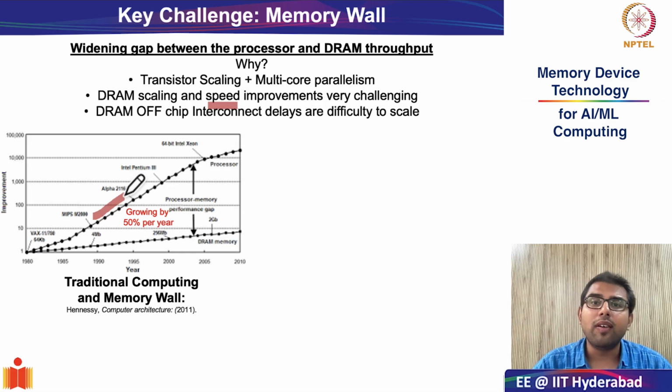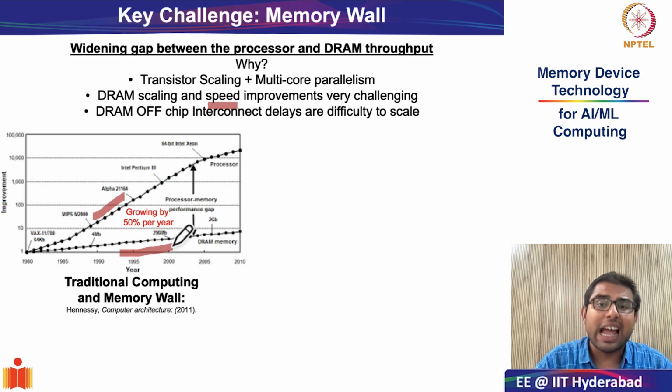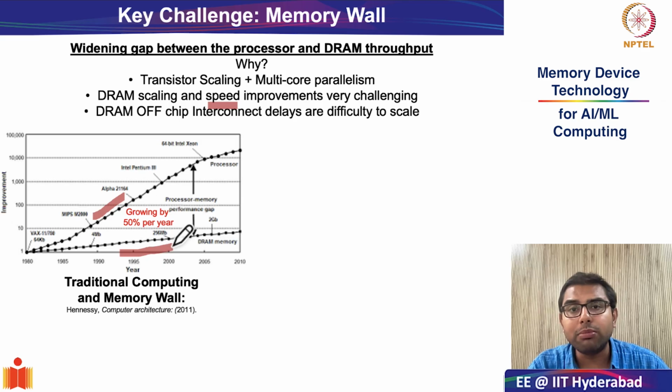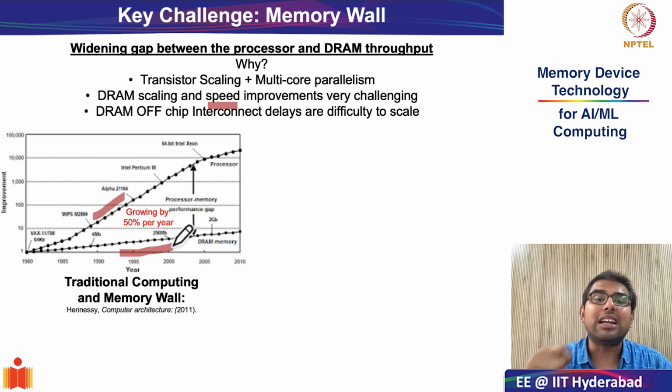This is basically the fundamental of Moore's law of transistor scaling. However, the DRAM memory has shown performance enhancement at a much slower rate. DRAM's performance is only increasing by 2 times every 5 to 8 years. And this has become a big problem.